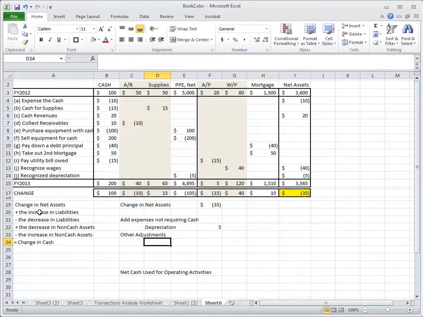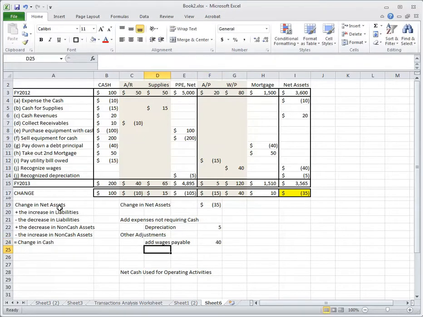So we are going to increase our liabilities. Any change to a liability account that increases, we want to add that back in. So we're going to add our wages payable back in, and that's worth $40.